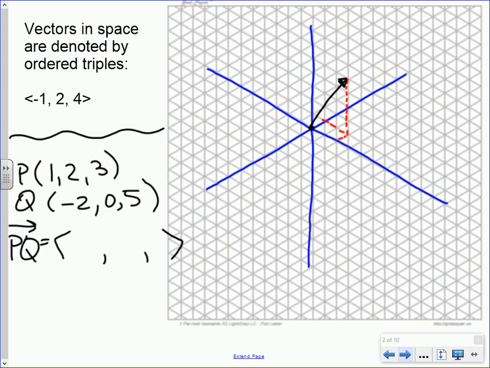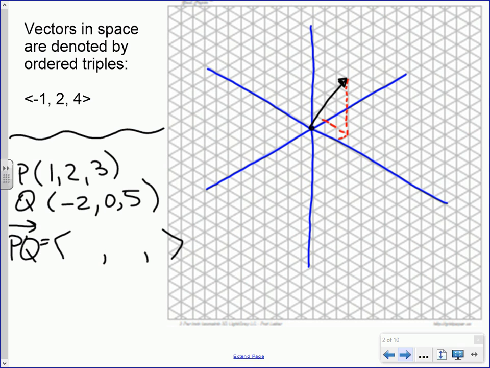We actually have to take the difference of the 2, but in a specific order. Is it initial minus terminal or terminal minus initial?